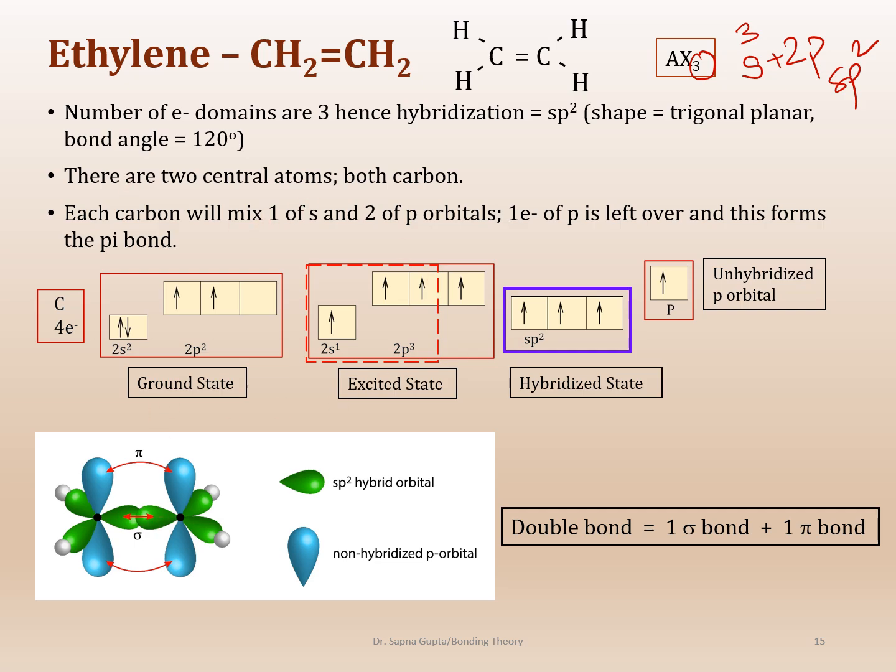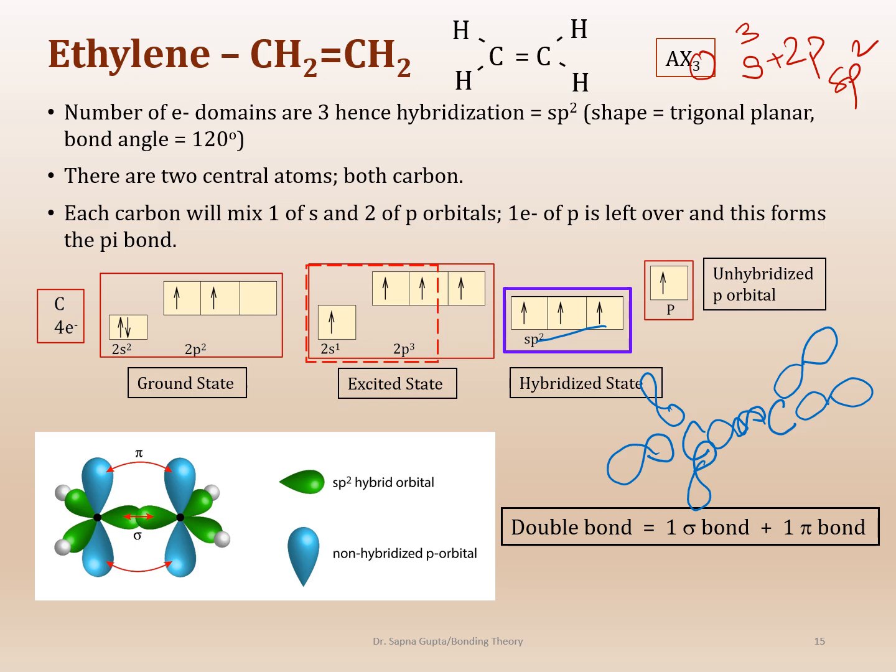So let me draw it again here for you and show you a little bit differently if this helps. So you have carbon and then you have carbon, and you have the hybridized bonds. Remember, there are 3 hybridized. So 1, 2, and then 3 hybridized bonds. It's not coming out the neatest, I'm sorry about that. Okay, those are the hybridized.